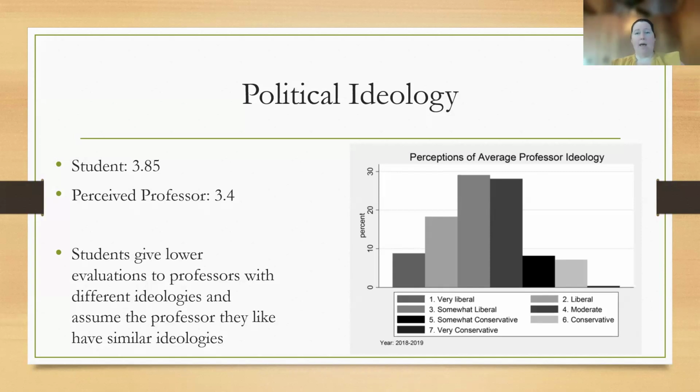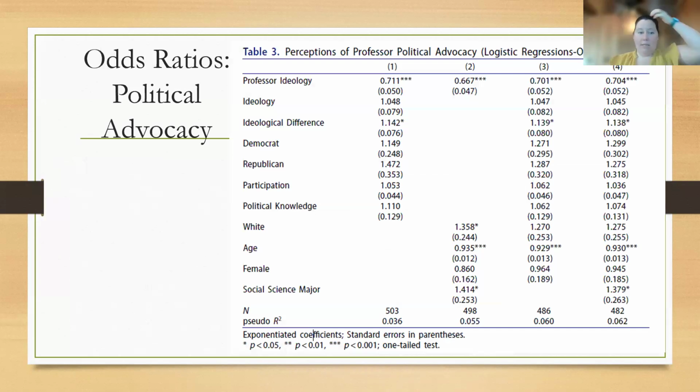So the authors thought, okay, well, if it's impacting student evaluations, it might be impacting these other things. And so they bring in these odds ratio tables, which I apologize, they're a lot. But they bring in these odds ratio tables to try to look at the likelihood of somebody endorsing statements of advocacy within the university. And on the next slide, I'll show you endorsing inappropriate advocacy.